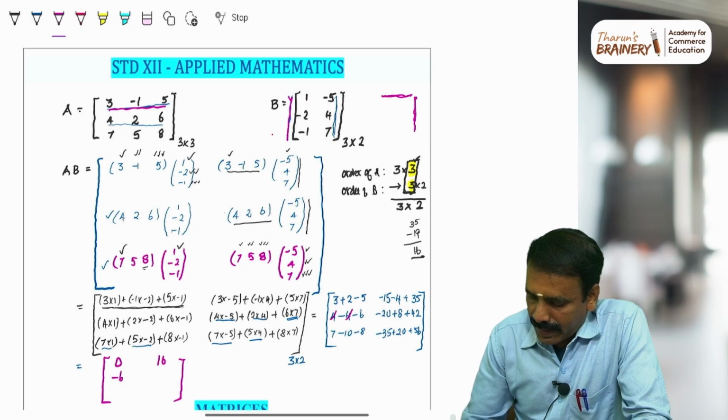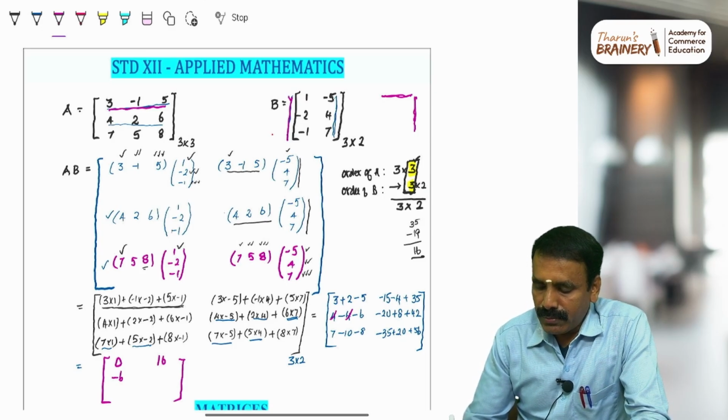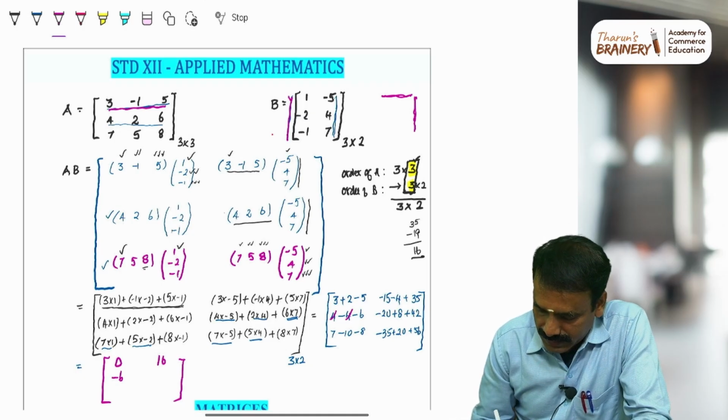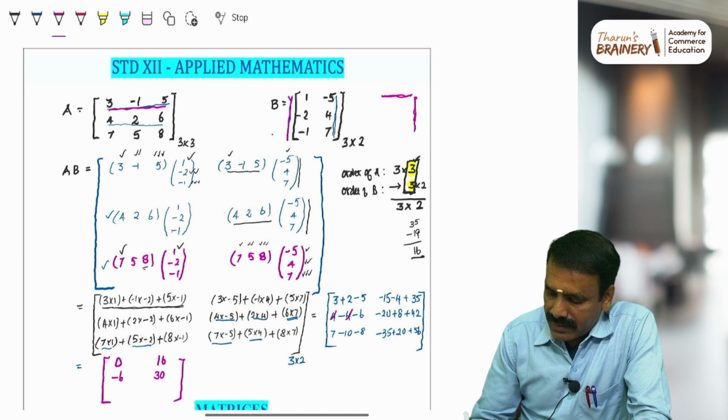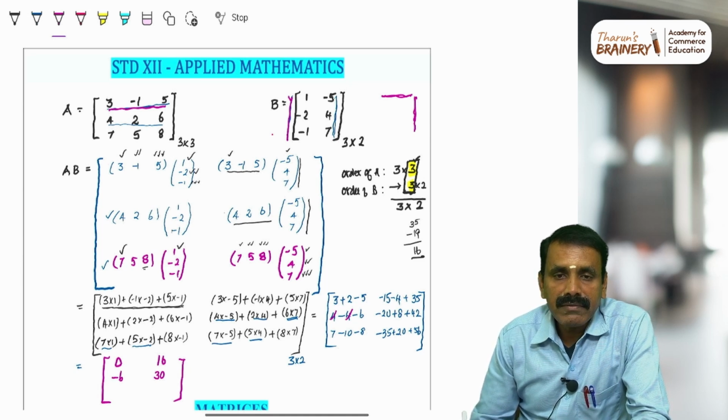Next one, minus 20 plus 8 plus 42. So plus 42 plus 8 is 50, minus 20 is going to be 30. Here 7 minus 18. So 7 is with the plus symbol and 18 is going to be with the minus symbol.